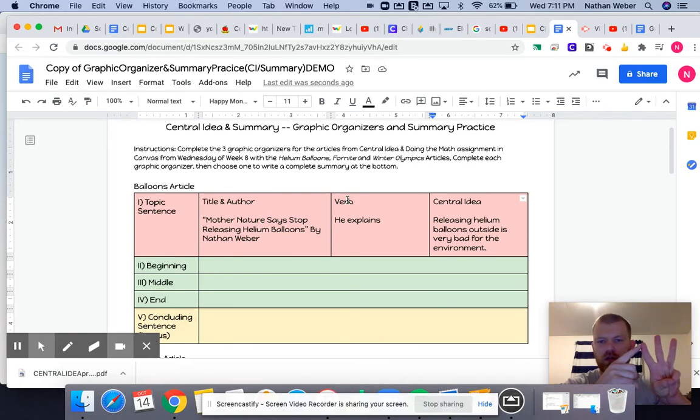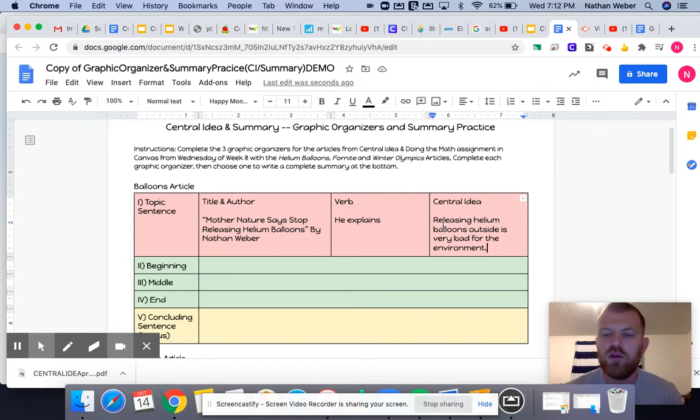So title, author, verb, and then central idea for your three fingers. And the title is Mother Nature Says Stop Releasing Helium Balloons. The article didn't include a title, so I just made myself the author for it. So Mother Nature Says Stop Releasing Helium Balloons by Nathan Weber, he explains, and then my central idea is releasing helium balloons outside is very bad for the environment.